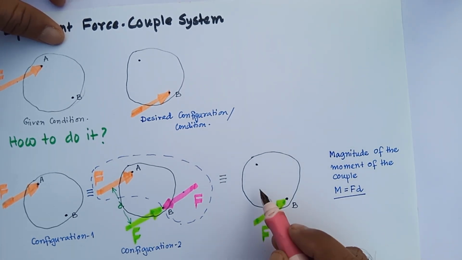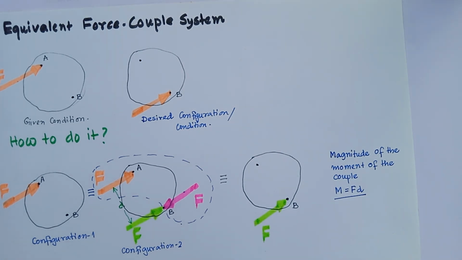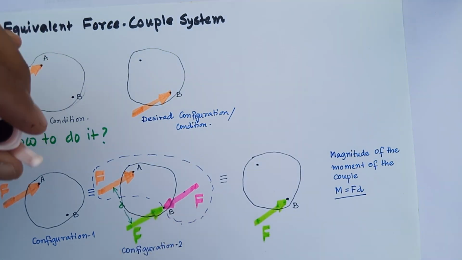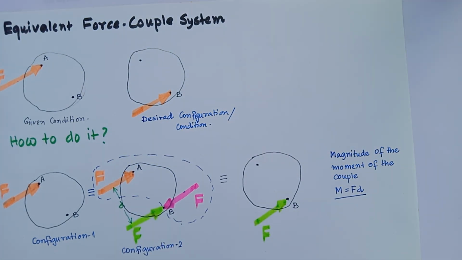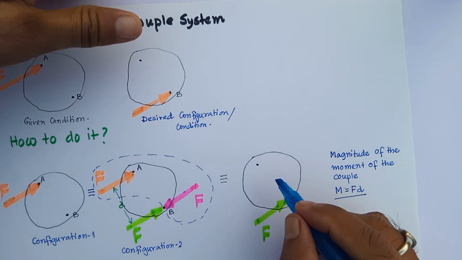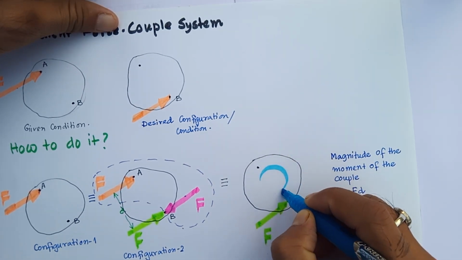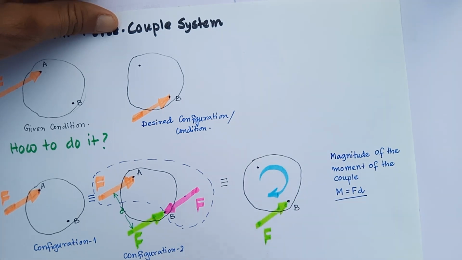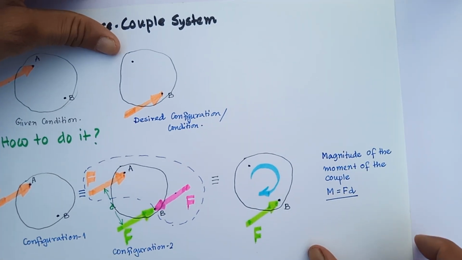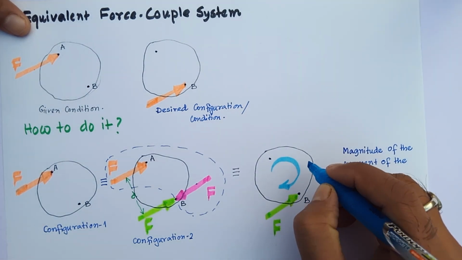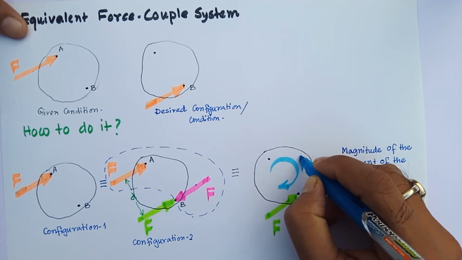In this case, what is the direction of the moment? From the top it is clockwise, therefore you can draw a clockwise moment here. We can show the moment like this. This is M.